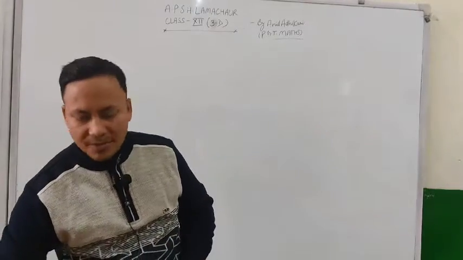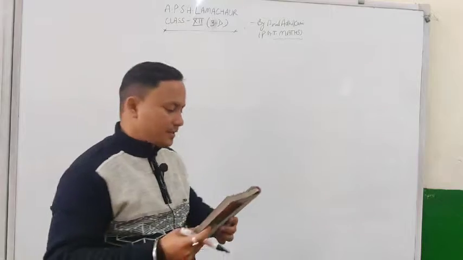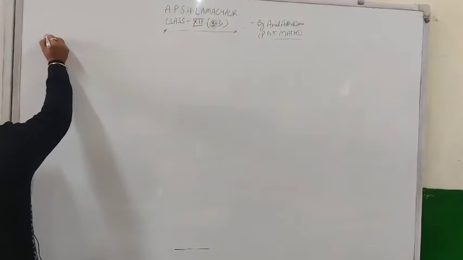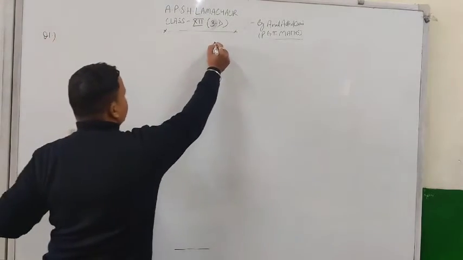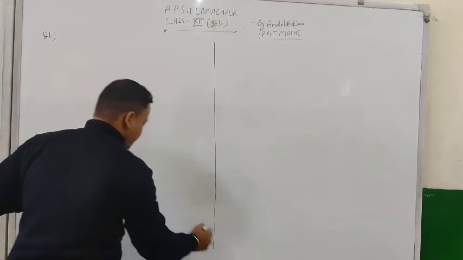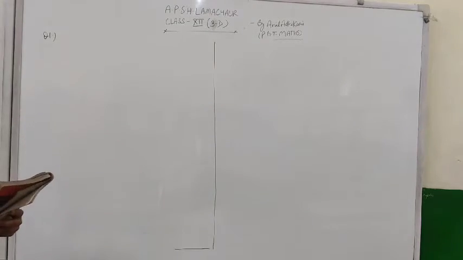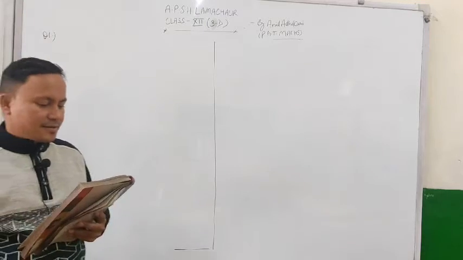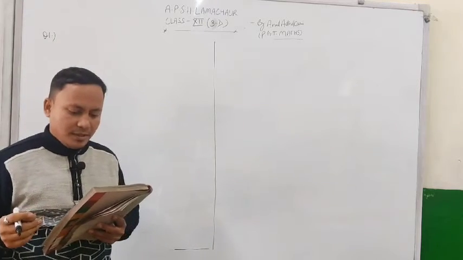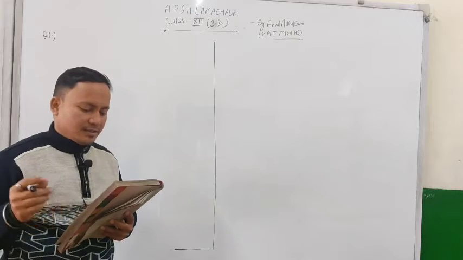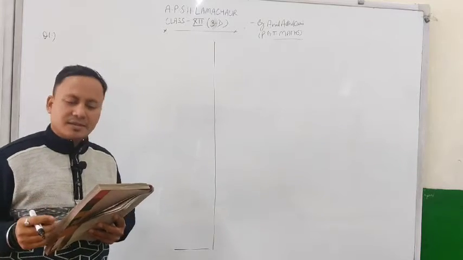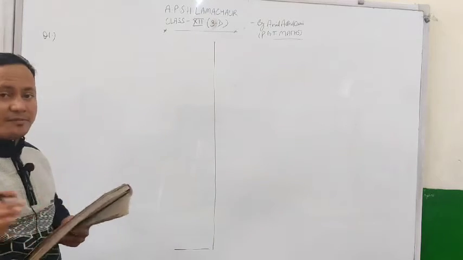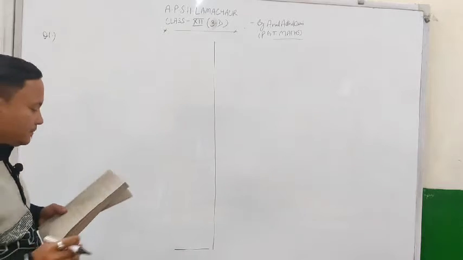So the very first question is: find the vector equation of a plane which is at a distance of 7 units from the origin and normal to the vector 3i plus 5j minus 6k. First I am writing here whatever information we have been given.